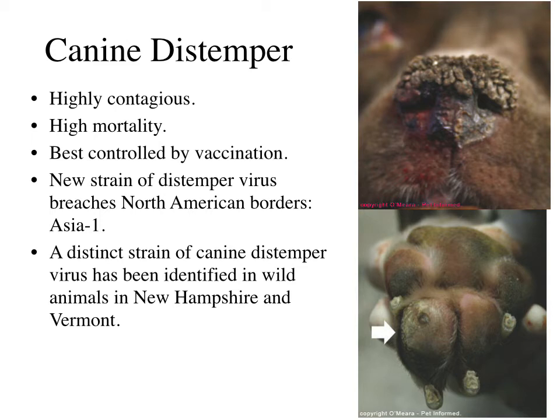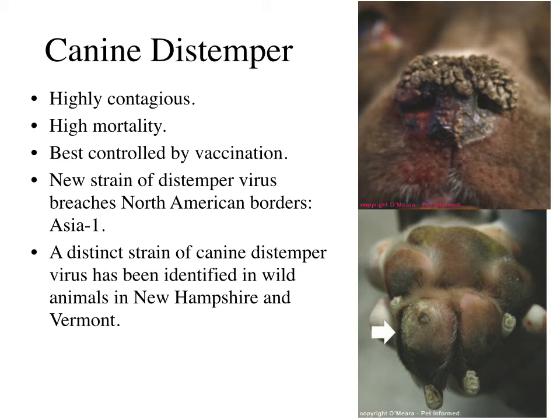This drops down to 25% at 9 weeks, and at 12 weeks, very few are showing any kind of interference from the mother's milk. Some puppies develop signs of distemper following vaccination, although they don't appear to have the disease.